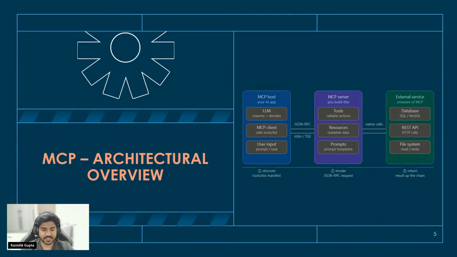So this is exactly where the capability lives. An MCP server is a small, focused process that you, as a developer, build and deploy, and you are exposing specific tools that the LLM can consume and perform those tasks, whatever you are trying to achieve, right?